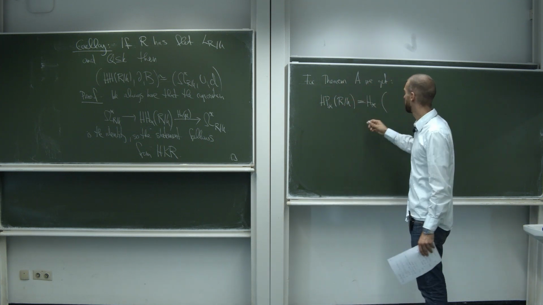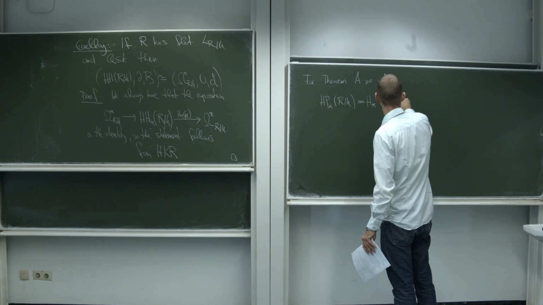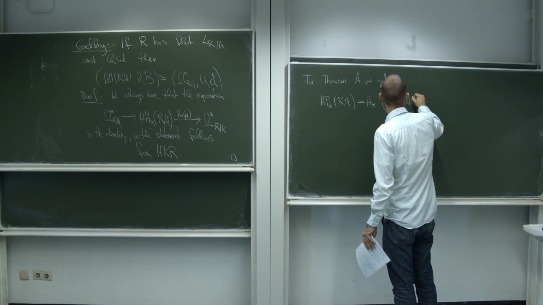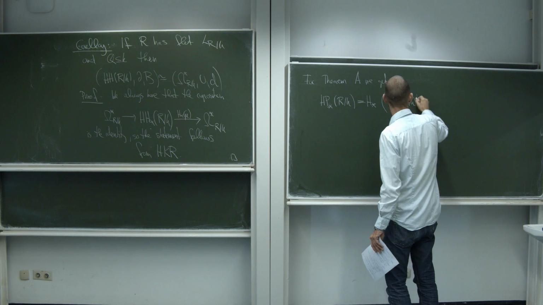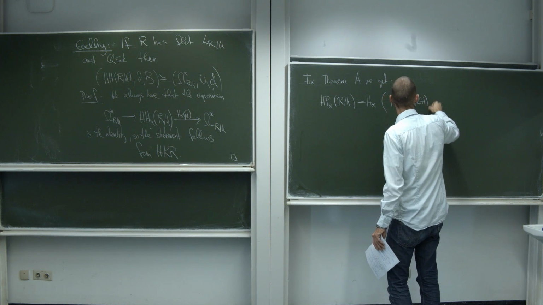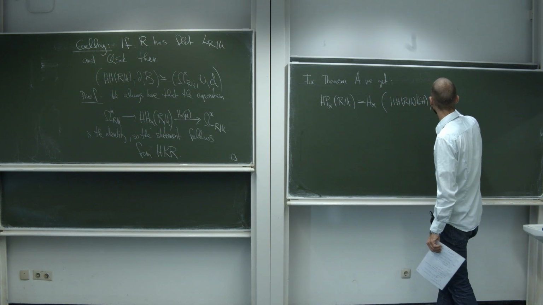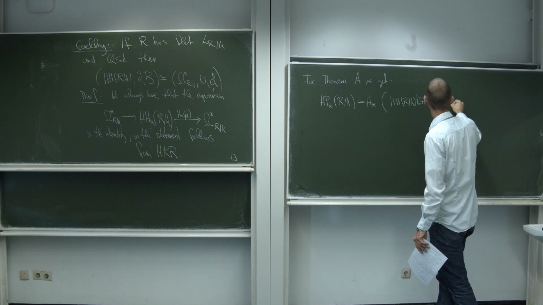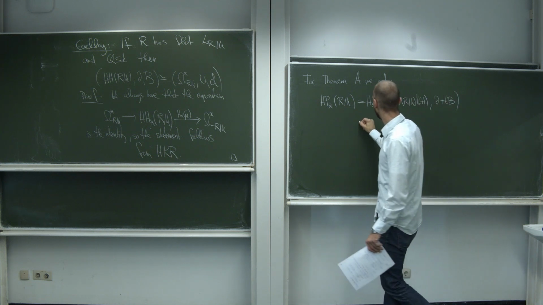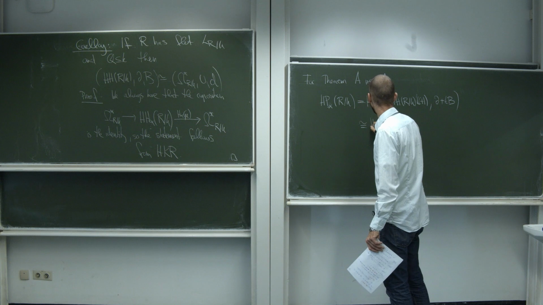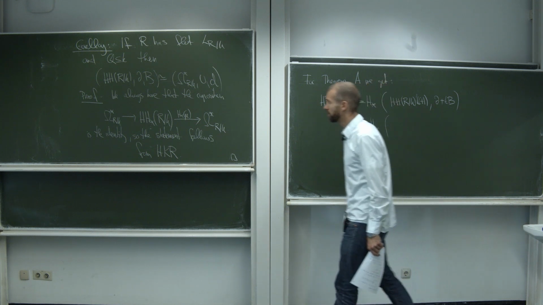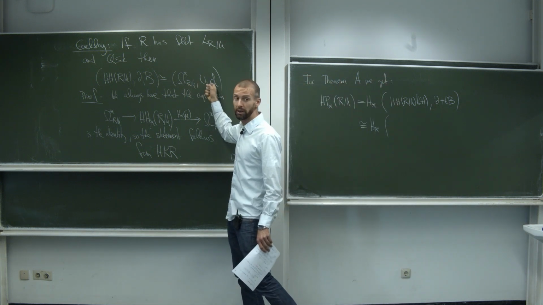A priori it was the complex HH(R relative K) with round brackets T, and then we had this differential which was given by partial plus tB. But now this is isomorphic to the homology of this complex which is quasi-isomorphic, which is this complex.